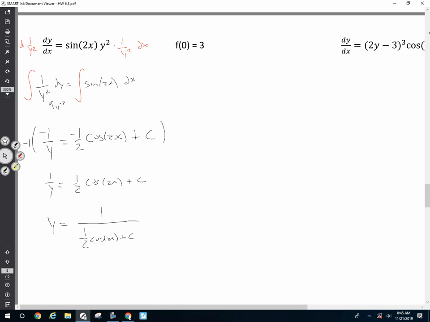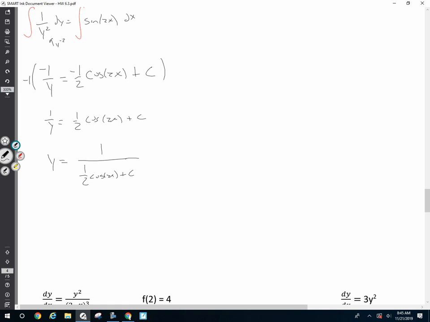F of 0 is 3. 3 equals 1 over 1/2 cosine 0 plus c. Cosine 0 is 1. I can flip both sides again. I get 1/3 equals 1/2 plus c. Subtract 1/2 from 1/3. So that's 2/6 minus 3/6, which is -1/6.